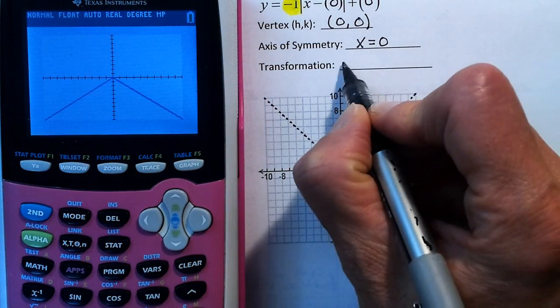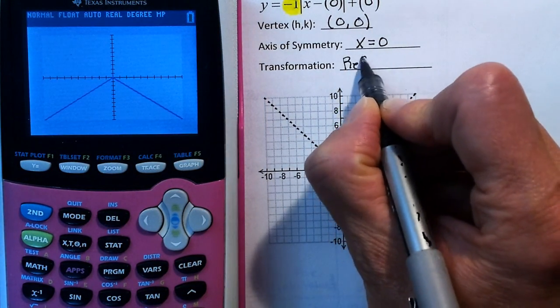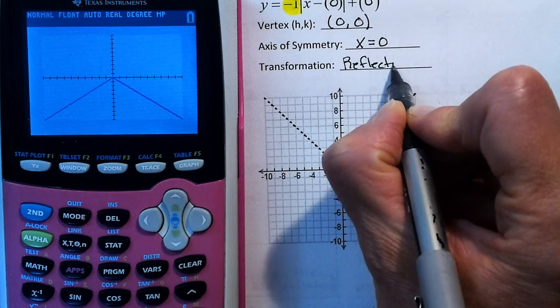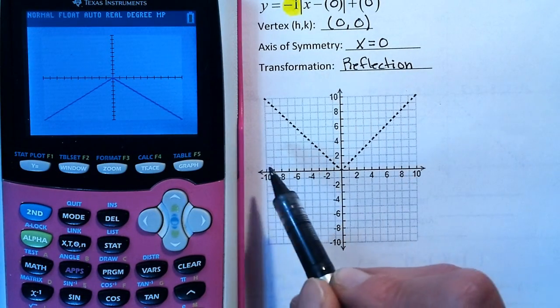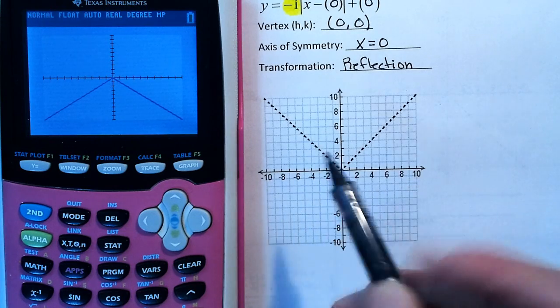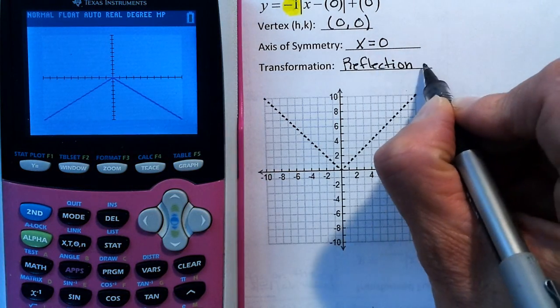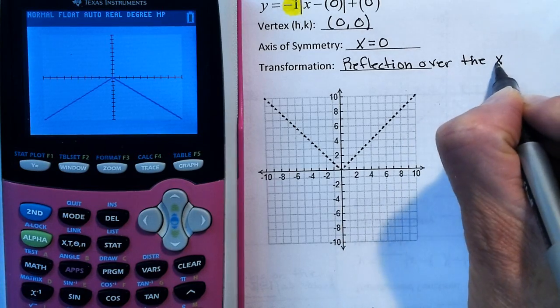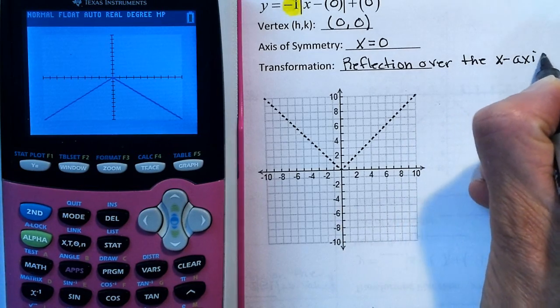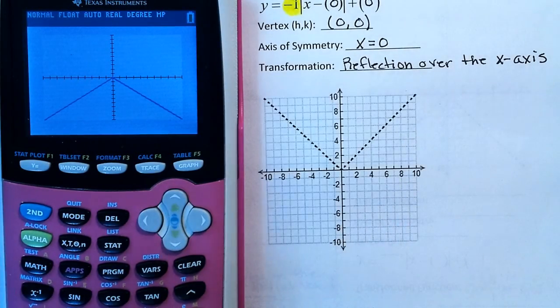The transformation is a reflection. And what axis did it flip over? It flipped over my x-axis. So it's a reflection over the x-axis. Okay? There is a reflection over the y-axis, but we're not going to study that.